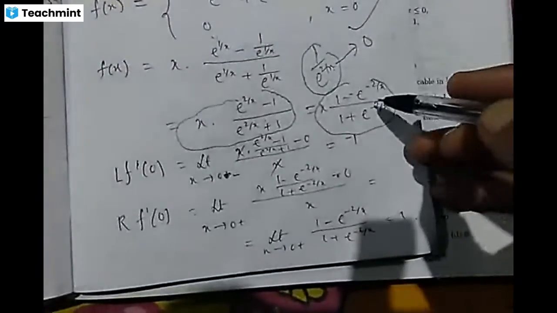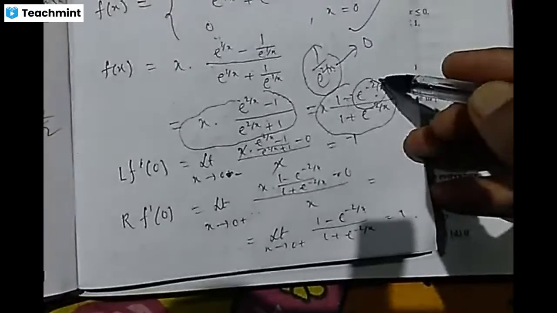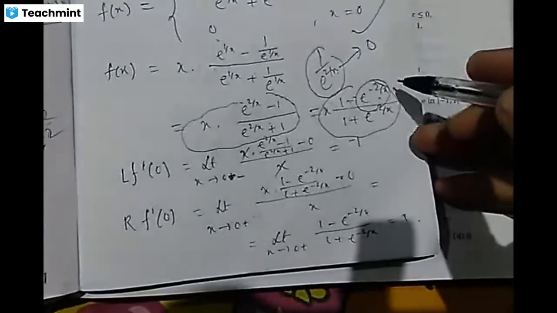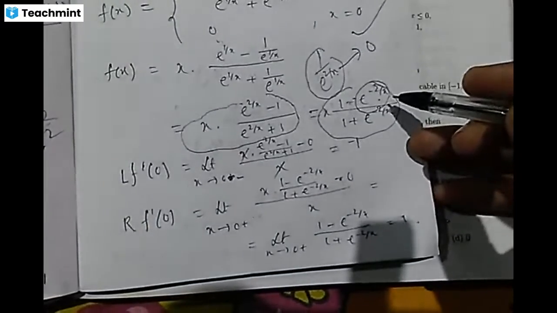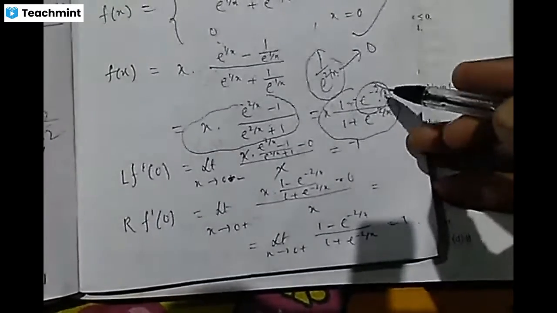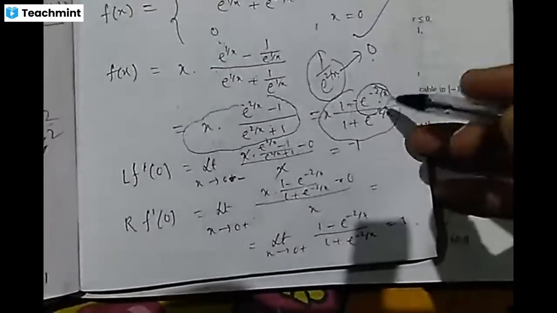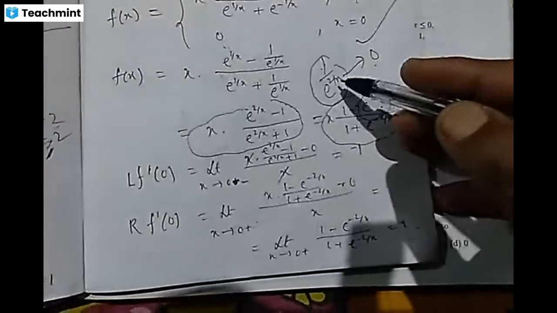You get the same thing, just written in another way. Here also this is important, because if x tends to 0, this term again goes to 0, because it will again be in the form 1 by e to the power 2 by x.